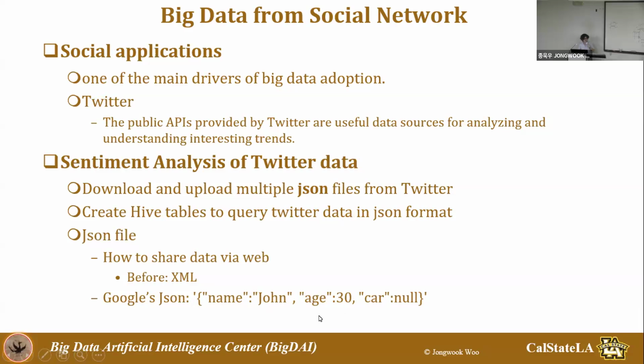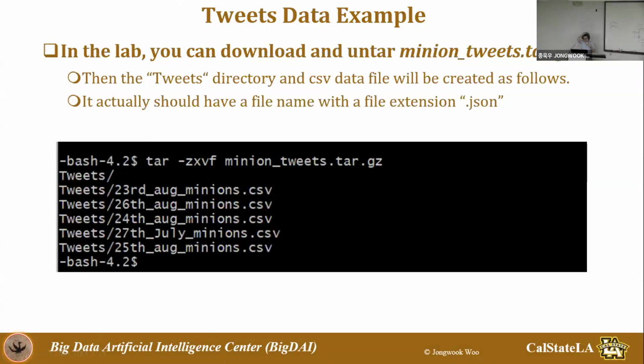And the age element has value 30, and you can tell this is an integer because there's no single or double quotation used. And the car value is empty. In that case, you can put null. So very straightforward. You have the curly bracket with the element key and element value. So element name and value, element name and value. Very, very simple example.